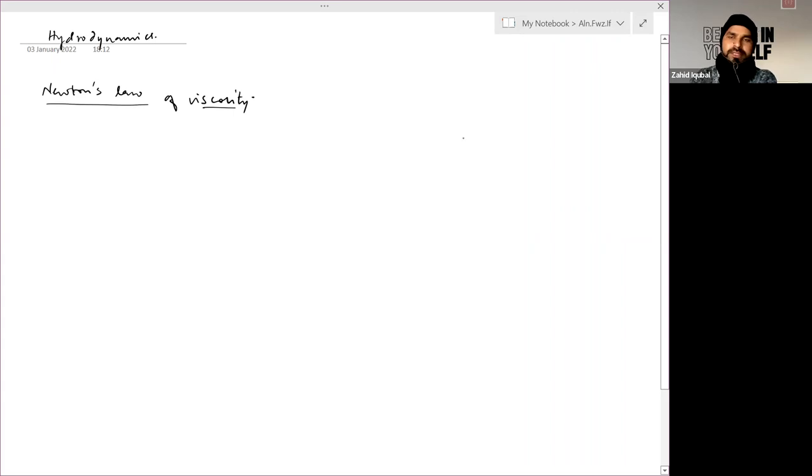According to this, liquid in any particular medium, through any tube, any canal, any river, anything, always flows in a layer by layer structure.